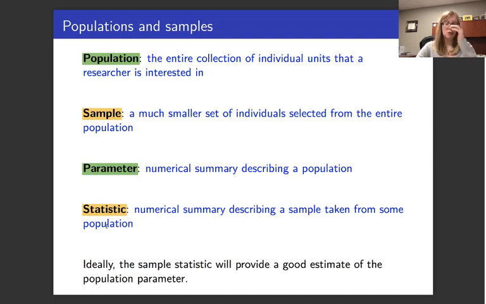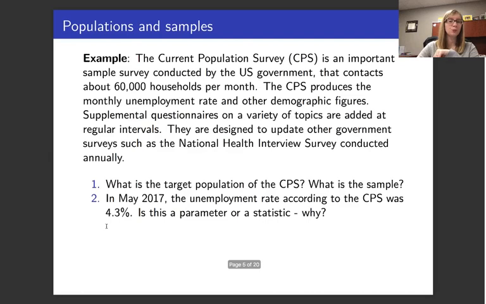So ideally, what we hope is that this sample statistic, the information that we're getting from our smaller subset of data, is reflective of the population parameter. They may not match exactly, the population parameter and the sample statistic, but we hope that they're close, and we hope that they're close enough that we can make some reasonable statements about the population. So that's our overall goal.